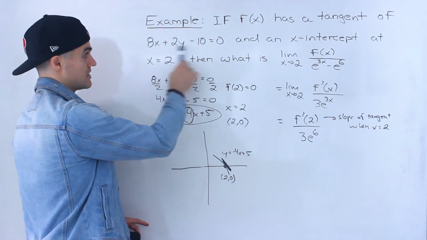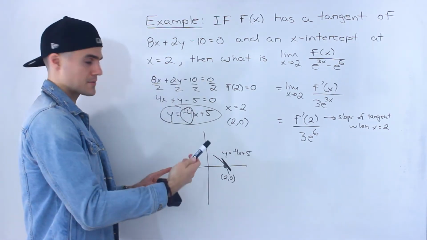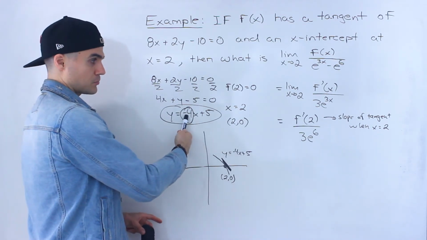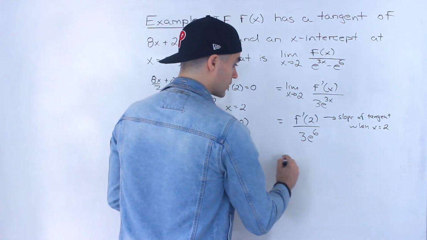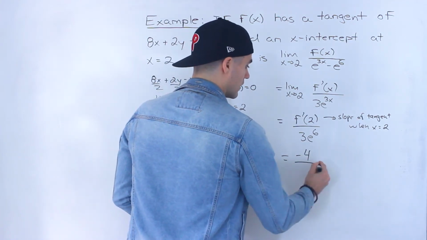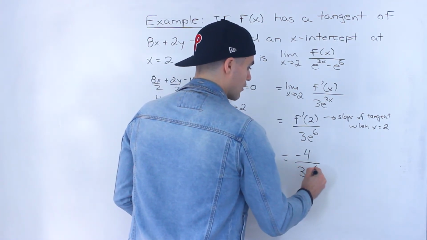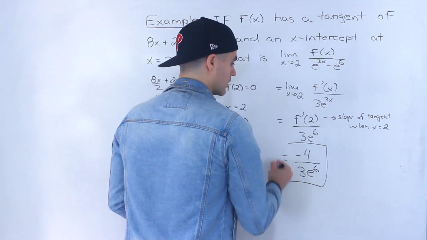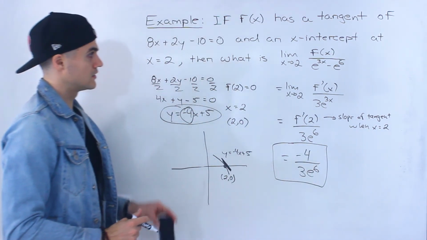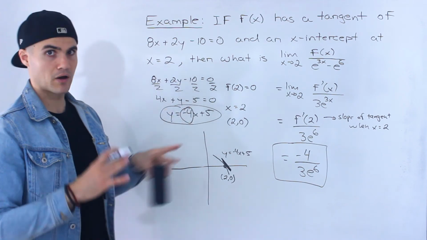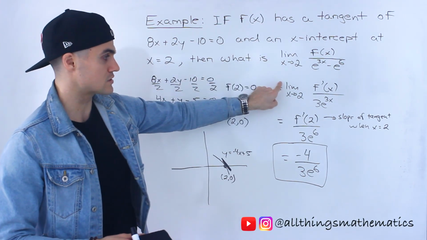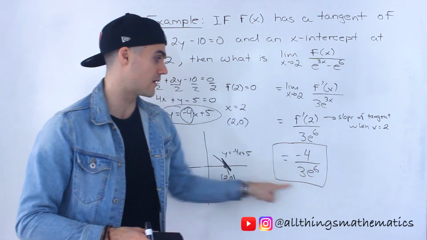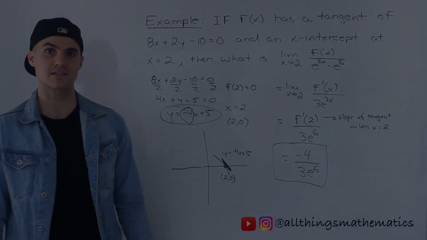When we isolated and put the line into y equals mx plus b form, the slope of the tangent at an x value of 2 is negative 4. So we can plug in negative 4 here, and that ends up being your final answer. With all that information given about f of x, we could figure out what this limit is, use L'Hopital's rule, and that there is the final answer as an exact value.